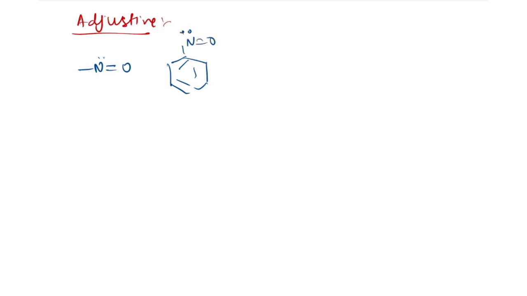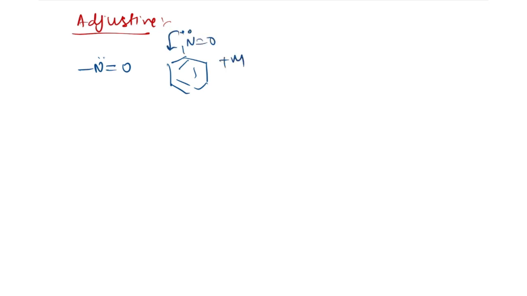Now let's talk about some other compounds which we call ambident. Ambident groups are those which have both the tendency of plus M and minus M, like the NO group, the nitroso group. If we talk about the nitroso group, the nitrogen has a lone pair, so it has a tendency for plus M effect as well.